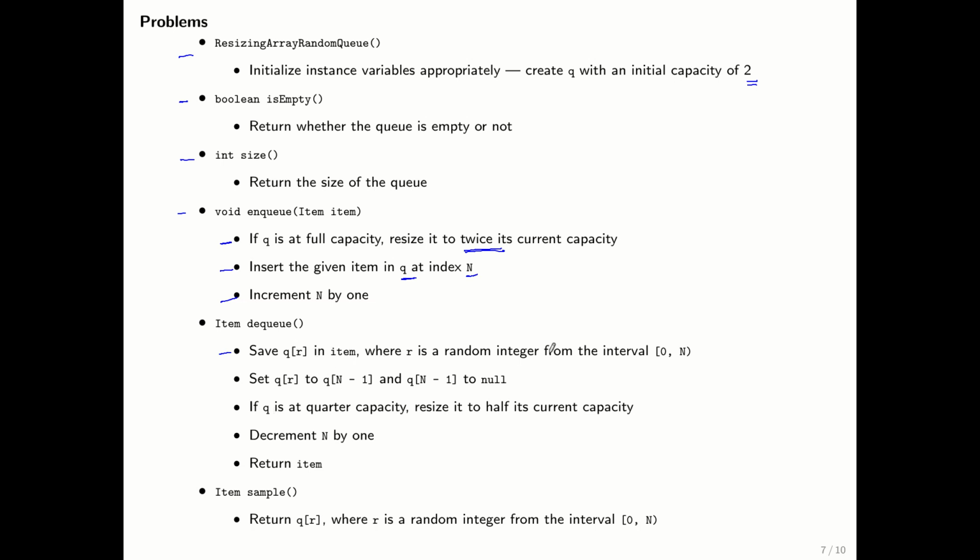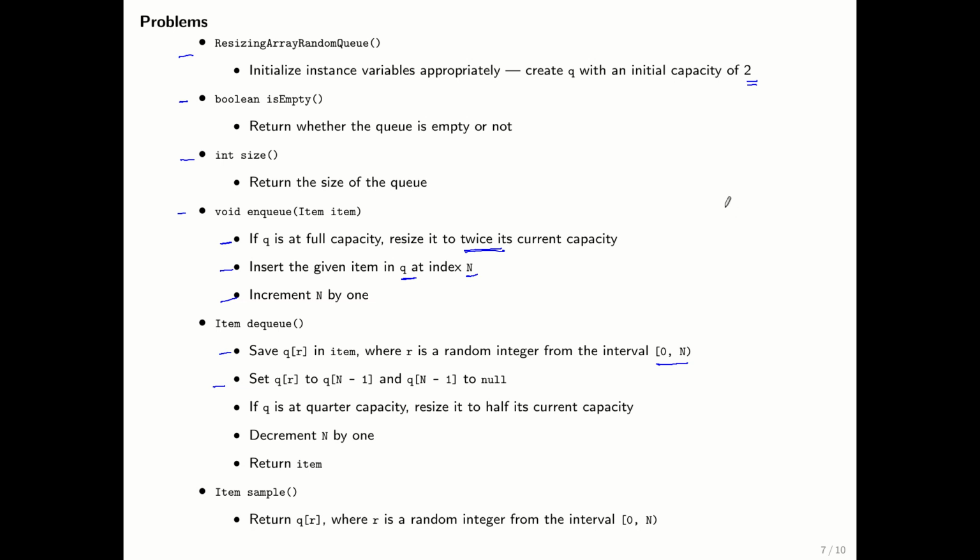Well, r is a random integer from the interval 0 through n, where 0 is inclusive, n is not. So get a random integer r from that interval, and then the item at r in q is saved in this variable item. And then simply set q[r] to be q at n minus 1.